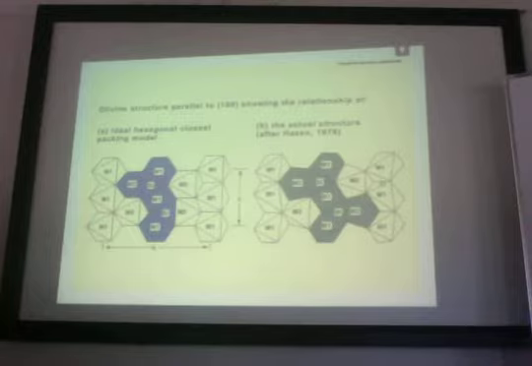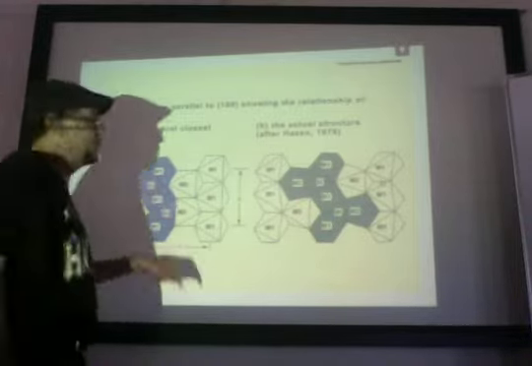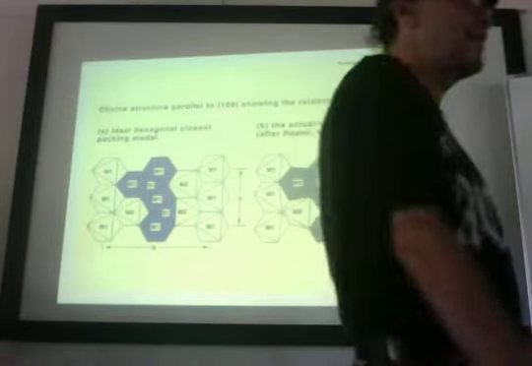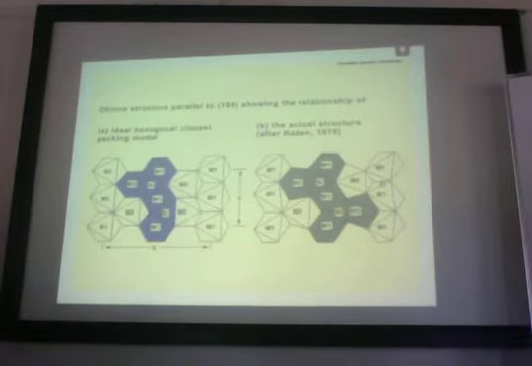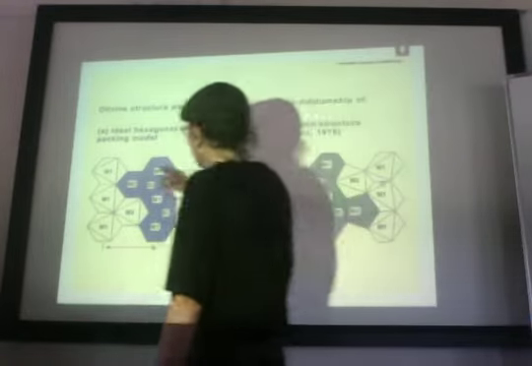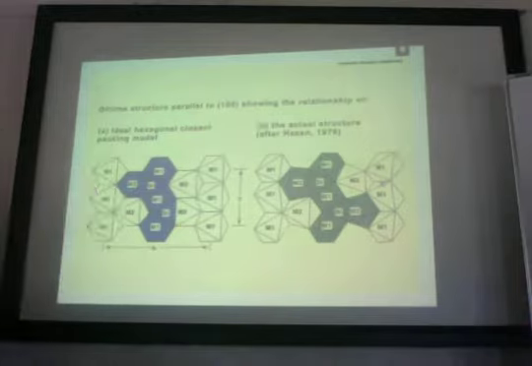Then we have here M1 spaces and M2 spaces. I told you this before. The M1 space is an octahedron space, and the M2 space is an octahedron space. These are the spaces where your metals are sitting: the magnesium, the iron, the calcium, the manganese, and so on. The M1 space is smaller, whereas the M2 space is bigger.